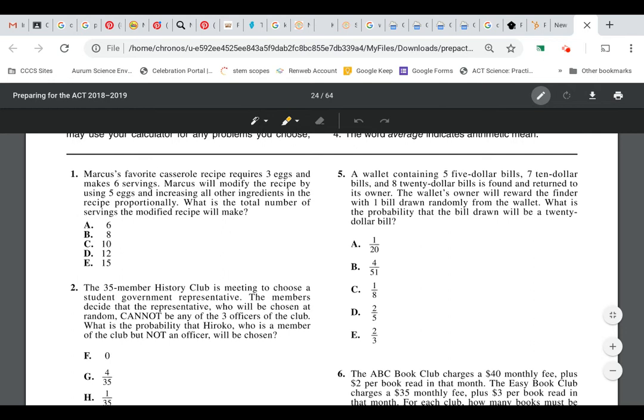Once we go over all the math problems and I dissect or break the problem down for you, you'll be like, oh, it's so easy. However, I'm not going to be there during the test to do the test for you. So you have to build the skill so you can read the problem once and understand what to do right away. All right? Okay, let's go over the first question.